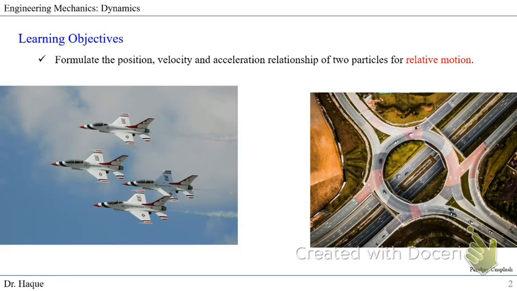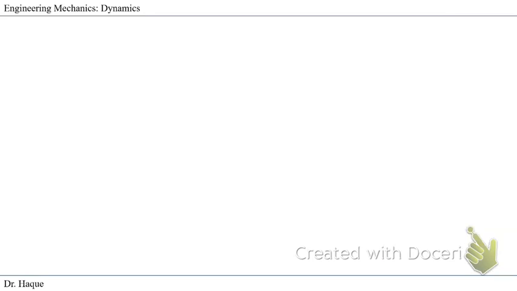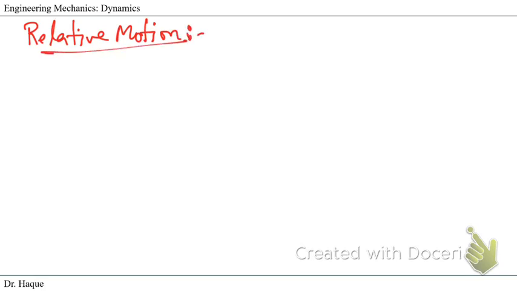Relative motion of two particles. Sometimes there are two particles and their motion is complex, so it is easier if we have two reference points to consider their motion, so we can get the relative motion with respect to each other.